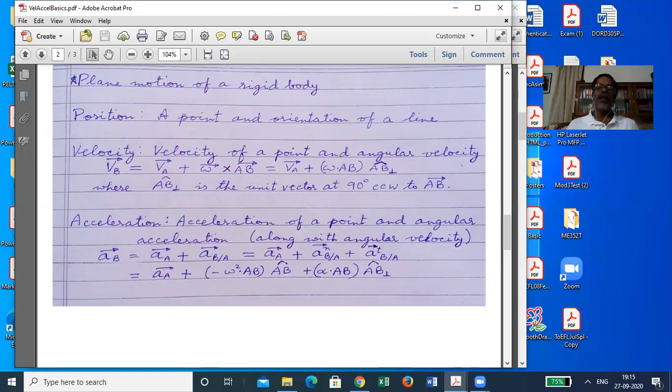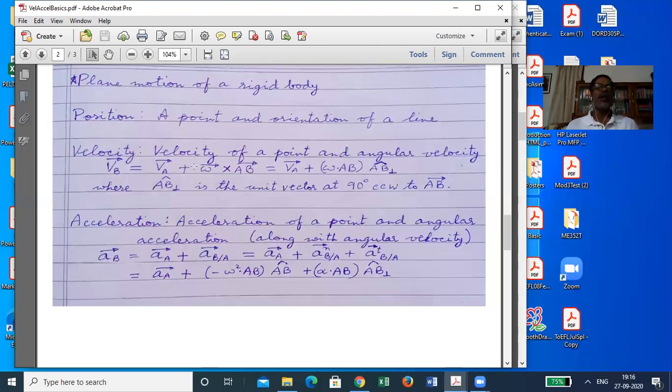Basically, the velocity of a point is the derivative of this, and angular velocity is in a way the derivative of whatever information content is there in this. Okay. And if you have specified the velocity of point A and angular velocity of the body omega, in planar motion all omegas will be in the k direction. Okay, that is in the direction perpendicular to the plane of the motion.